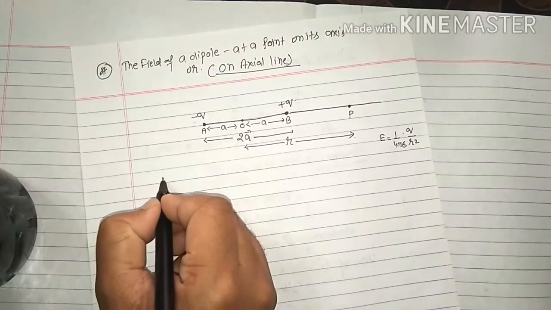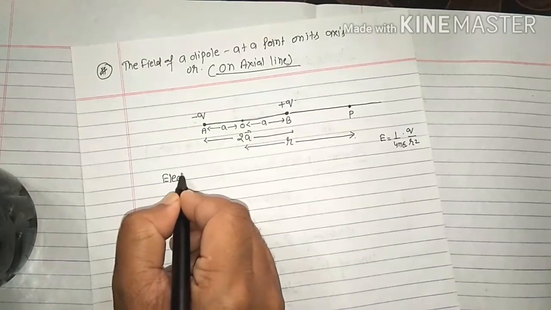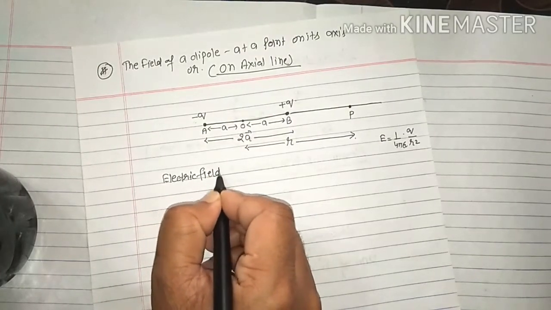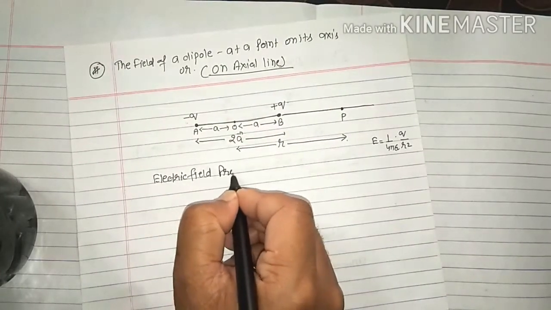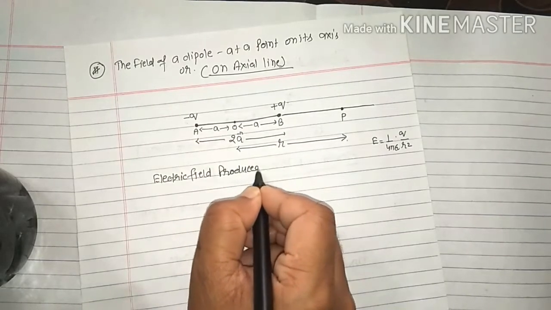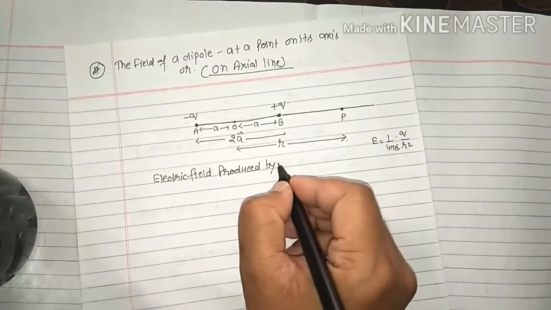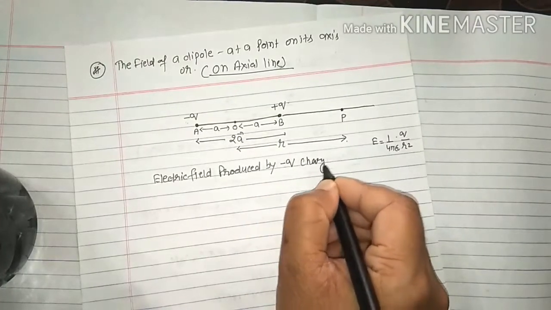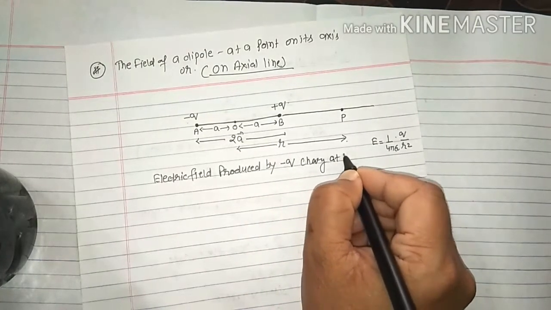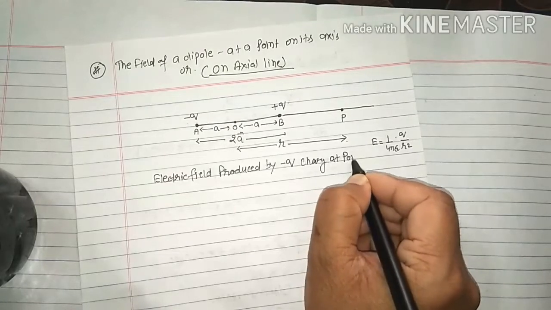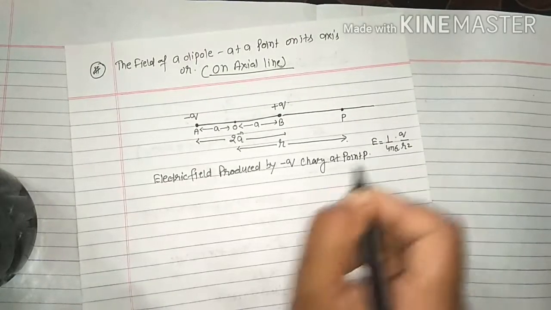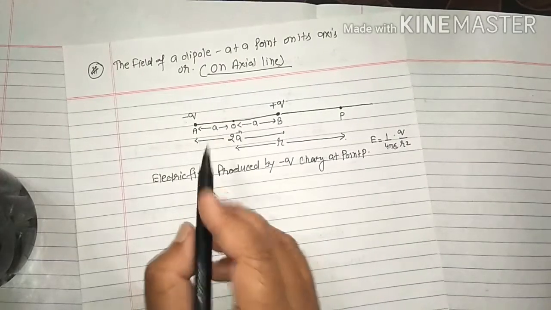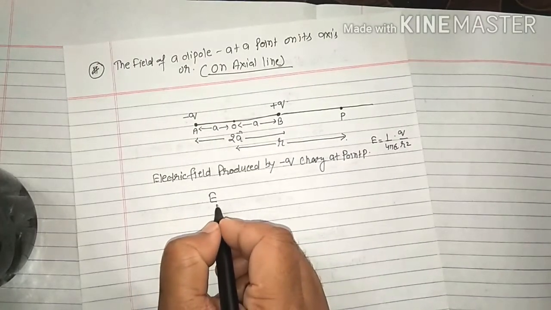First, the electric field produced by minus q charge at point P. Let's consider the notation of this electric field due to the negative charge as E minus.